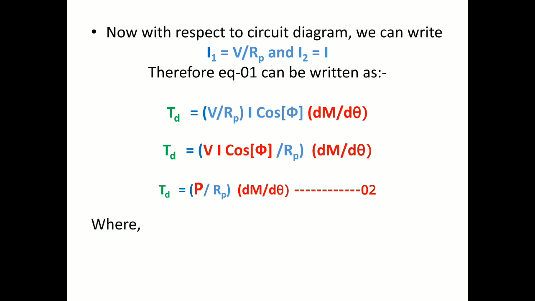In this equation, capital P indicates the power, or active power, which we are going to measure with the help of this instrument, and in the AC domain the expression for active power is VI cos phi, where V is the supply voltage, I is the current flowing through the current coil, and cos phi is the overall power factor of the circuit.